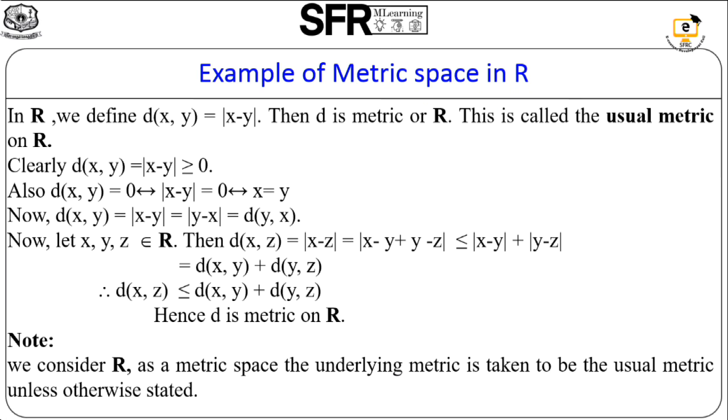For the non-negative, d(x,y) = |x - y| is greater than or equal to 0. And the next one is all the elements are unique: d(x,y) = 0 if and only if x = y. And the third one is symmetric, that is d(x,y) = d(y,x). And the fourth one is the triangle inequality. If we satisfy the four conditions, then it is a metric on R.